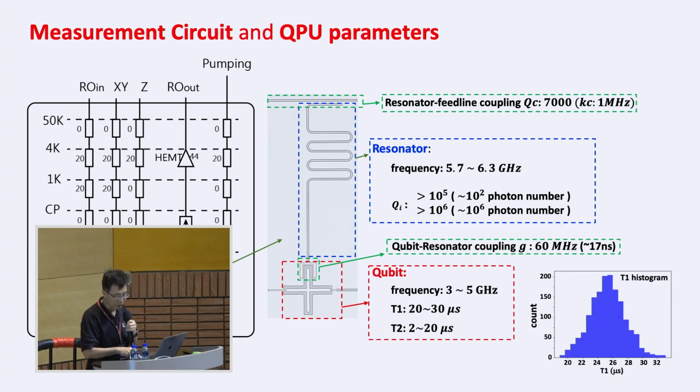And qubit frequency 3.5 gigahertz, with a T1 time not very good, but okay, acceptable. And the best value we got so far is 32 microseconds only. So this is just a histogram of how it looks like.